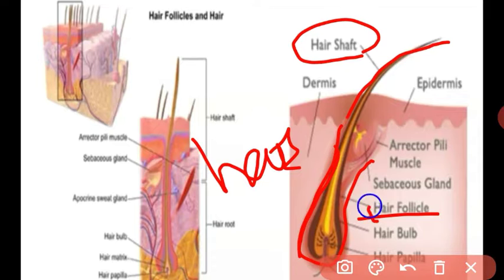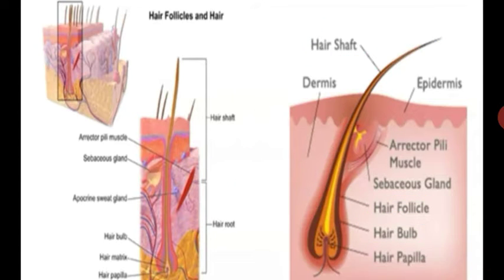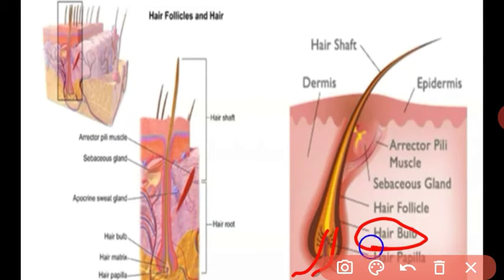This part is called the hair bulb, and the hair bulb has a projection called the hair papillae, which supplies blood to the hair. Got it, student? The hair bulb and hair follicle are responsible for the growth of the hair.